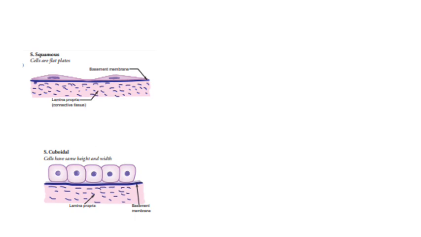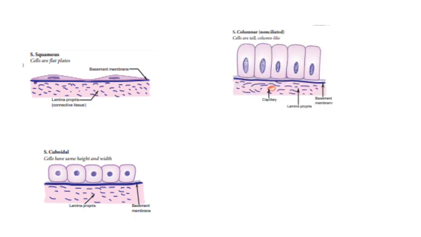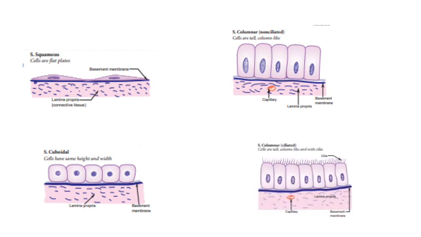Here breadth is more, length is small, so it is a squamous epithelium. If the length of the cell is more and breadth is small, it is columnar shaped, so it is a columnar epithelium. See the nucleus. The nucleus also looks columnar. This is columnar epithelium with cilia.